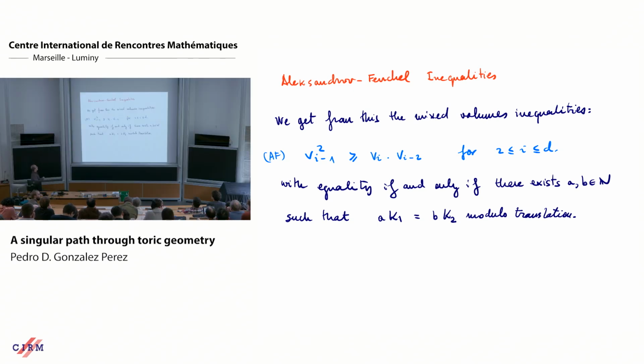And the case of equality in this situation holds if and only if there exists a couple of integers a and b such that the homothecy of the polytopes are equal modulo some translation.